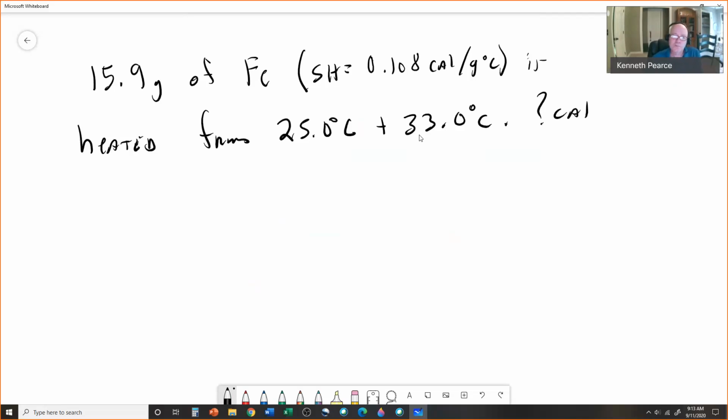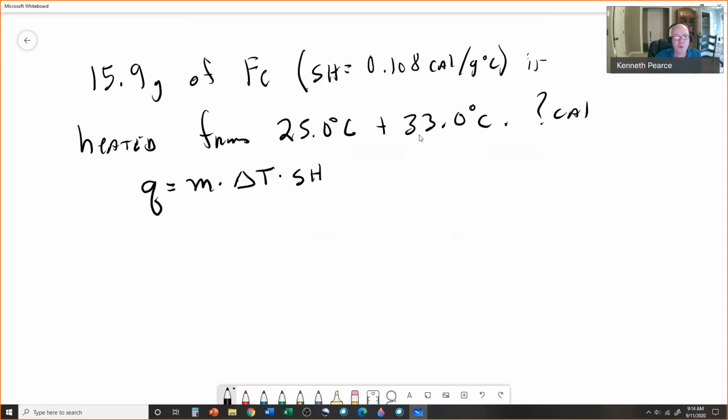What was the calories? I see that there's a temperature change, so I know that for the calculations we're doing, we're going to use the heat equation. And what we're going to do is look and see, what do we have? Do we have the mass?